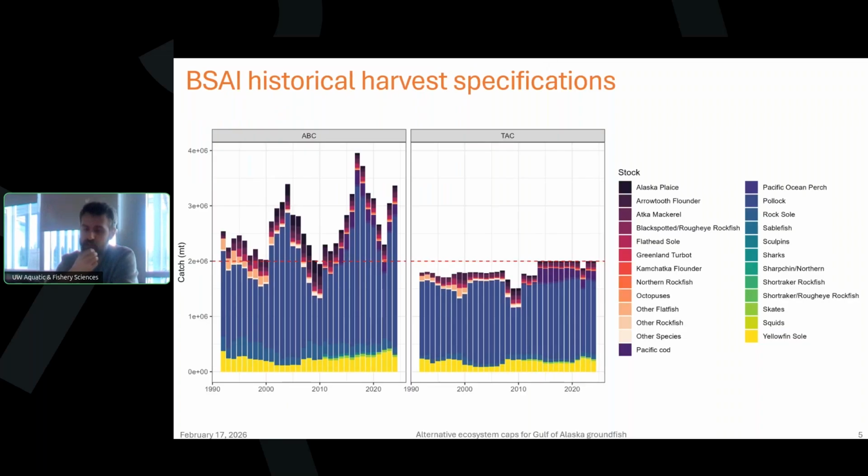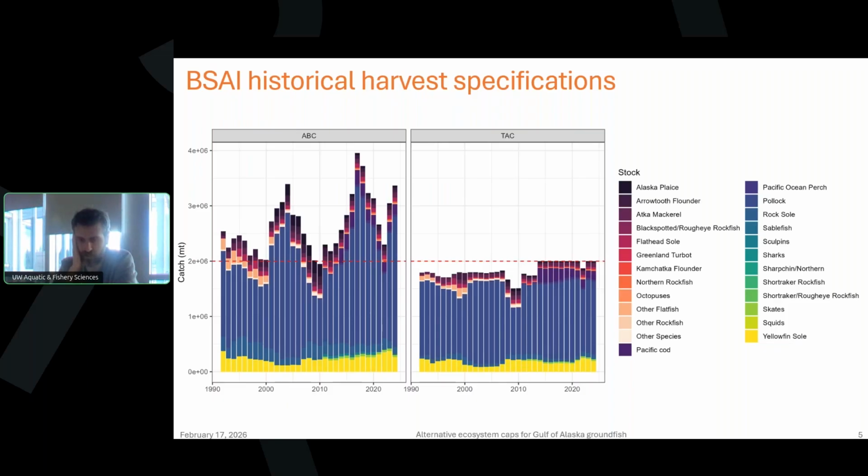So the Bering Sea cap is a... I should say that the intent, I think, behind these caps is for them to work as ecosystem-based fisheries management tools, right? These are used alongside the single species stock assessments, and what you see here are historical reconstructions of harvest specifications for the Bering Sea and Aleutian Islands.